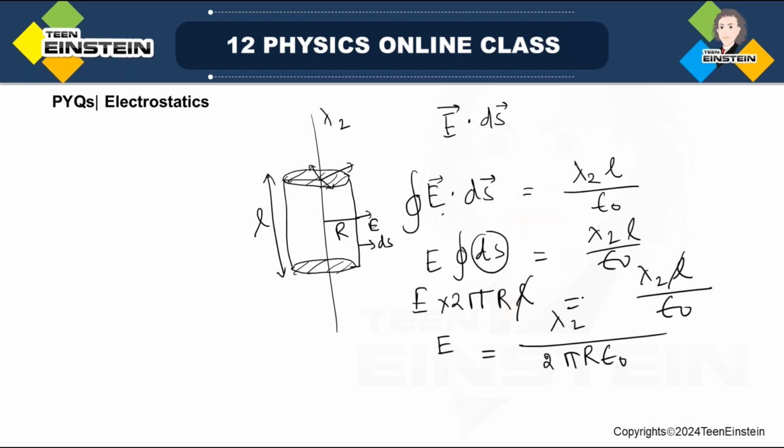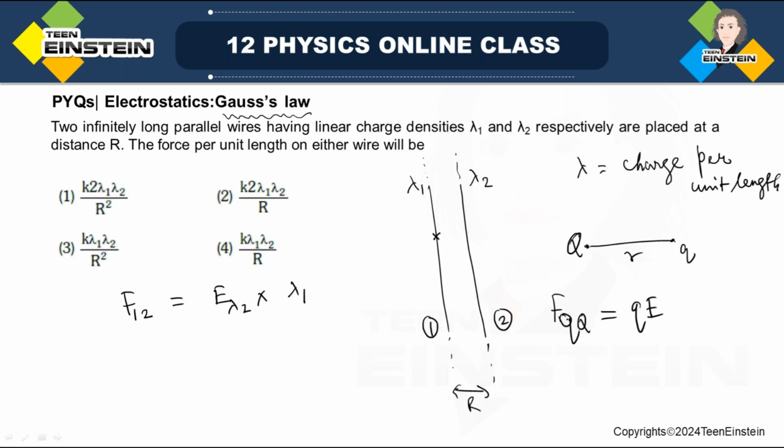Now this can even be written in terms of K, where K is 1 by 4 pi epsilon naught. So this I then write as 2K lambda 2 by R. This is the electric field produced by lambda 2 charge at the place of the other wire.